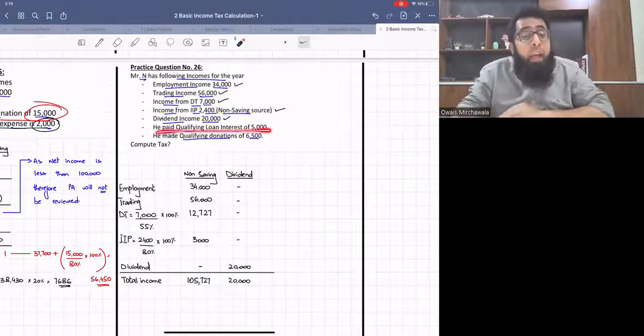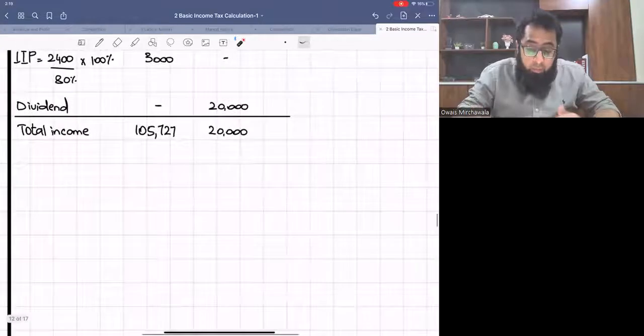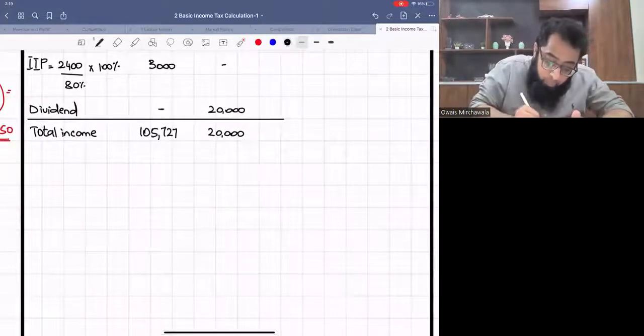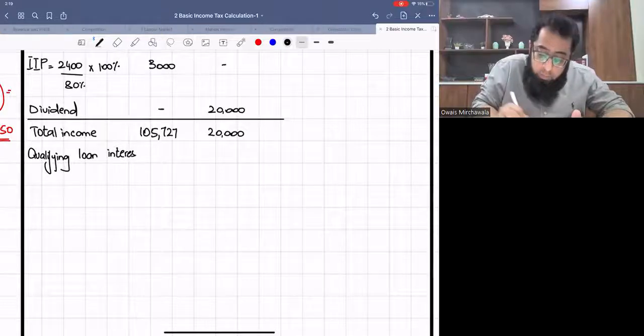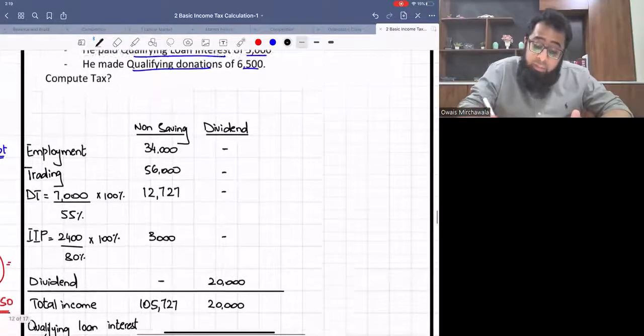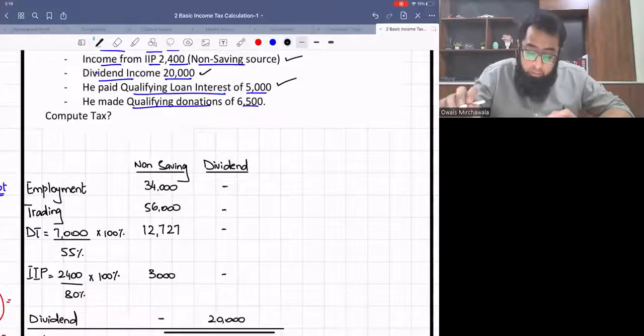Now, the next thing we have is qualifying loan interest. We will deduct it to arrive at the value of net income. The qualifying loan interest is 5,000. It is simply deducted. There is no grossing up in this.